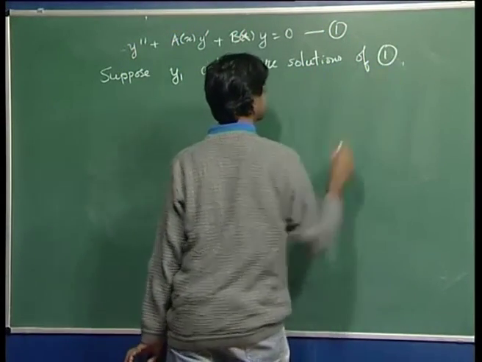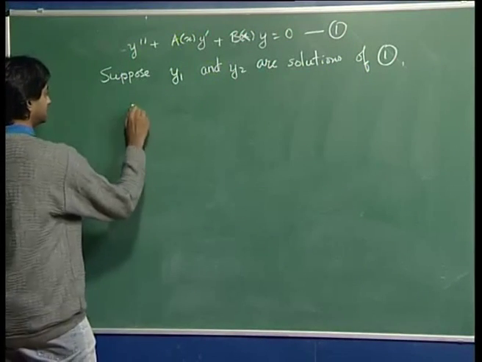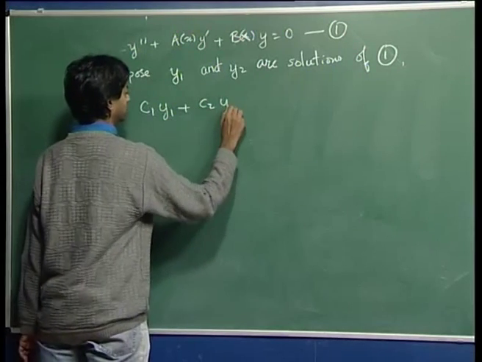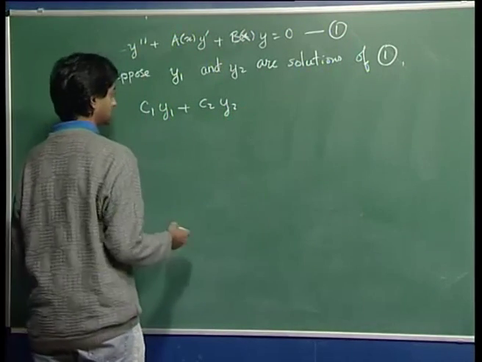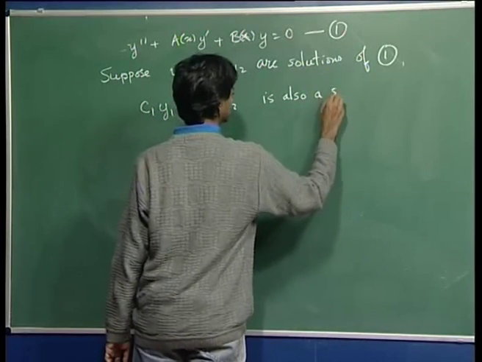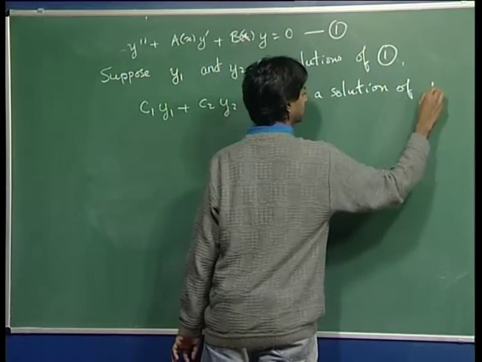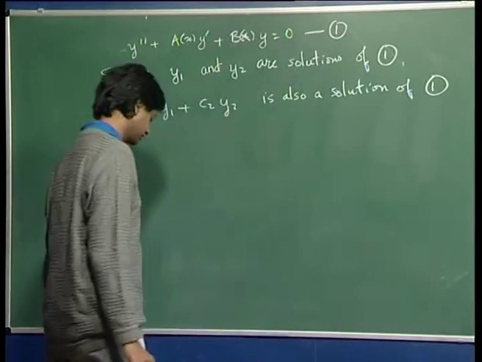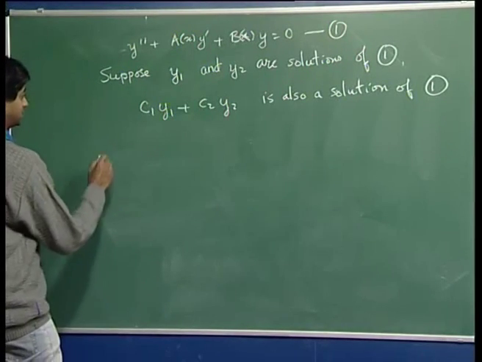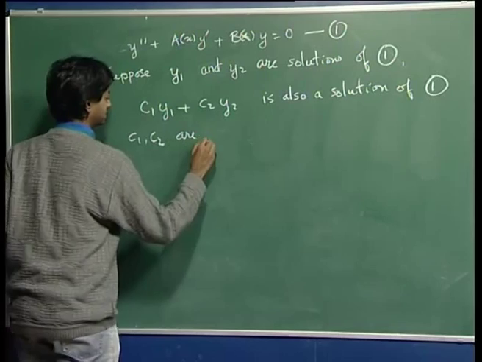Suppose y1 and y2 are solutions of 1, then C1 y1 plus C2 y2 is also a solution of 1, where C1 and C2 are arbitrary constants.